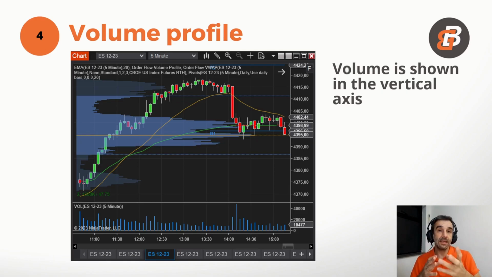Then you can get, for example, regions of support and resistance. This is really interesting to have, and you see in my live streams that I'm always mentioning it. This is something you definitely should look at if you're not doing so already, okay?